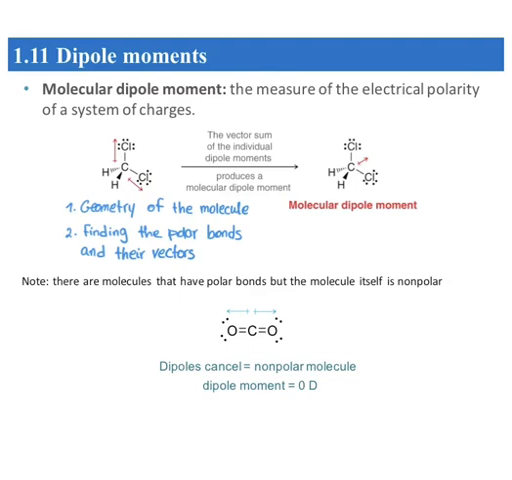So the strength is the same but in opposite directions, causing these vectors to cancel each other out, and the overall molecule would have a zero dipole moment. So the whole molecule is nonpolar here.